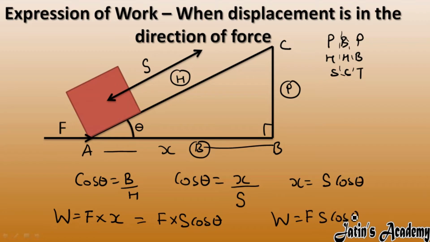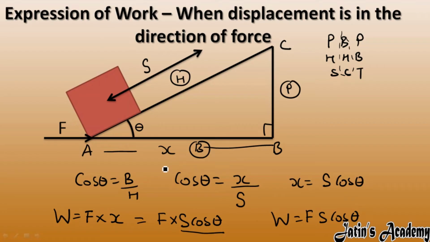So this is the formula of work done when force and displacement are at some angle theta. So the angle between force and displacement is theta, and the work done formula we got is Fs cos theta. Here s cos theta represents the component of displacement in the direction of force. This is the displacement, but the component of displacement in the direction of force is actually s cos theta.